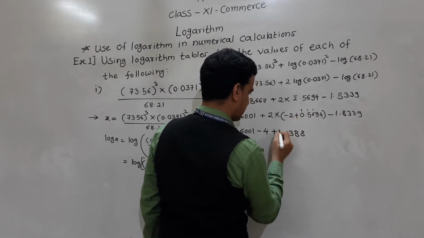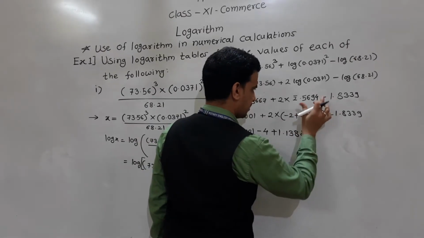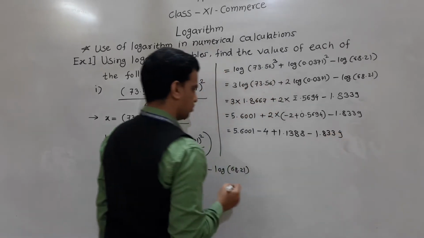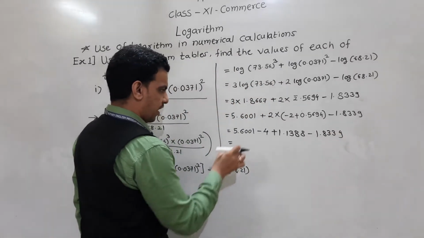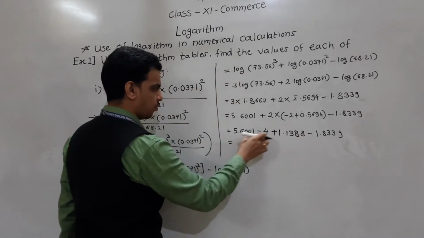So here it is 1. So 1.1388 minus this number 1.8339. Okay.